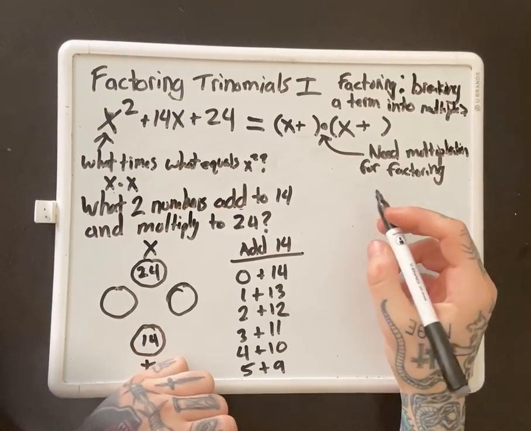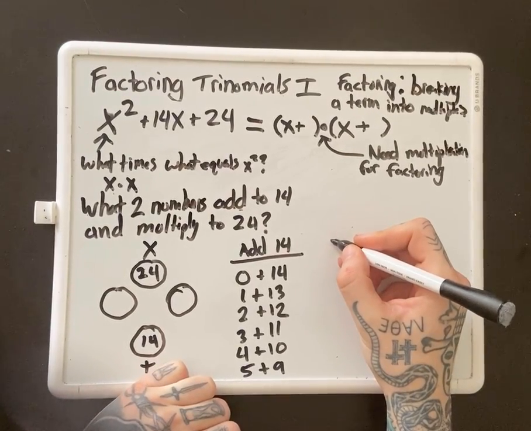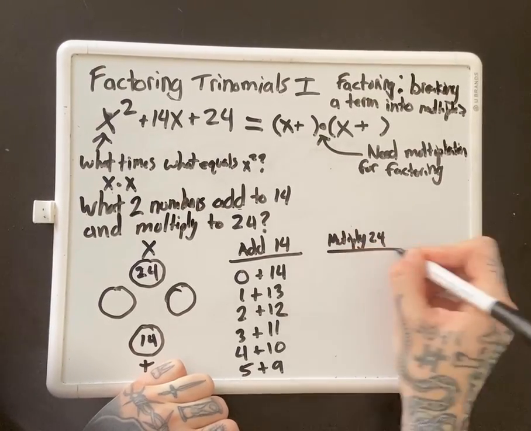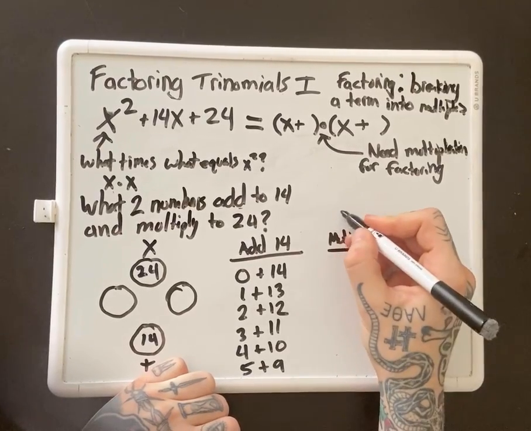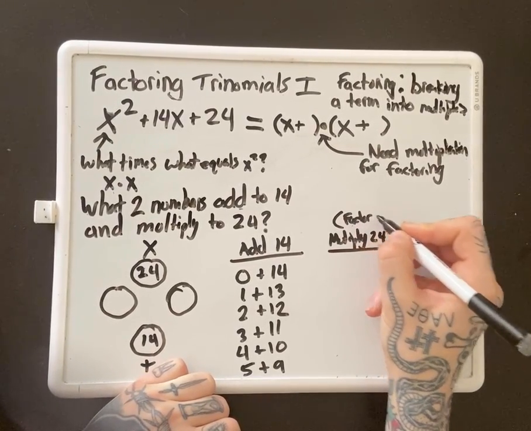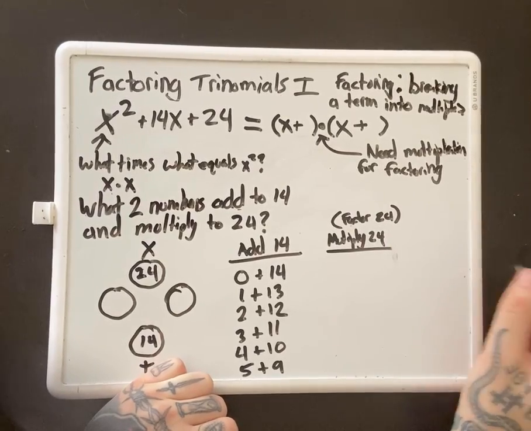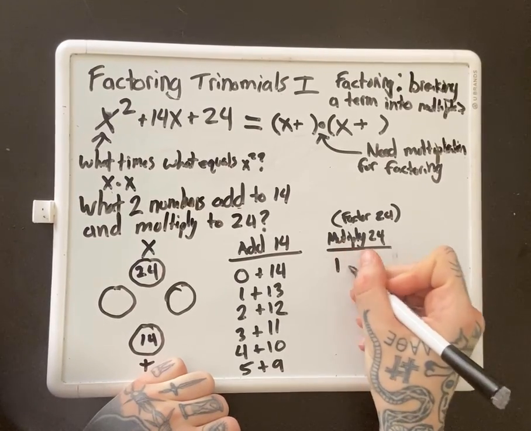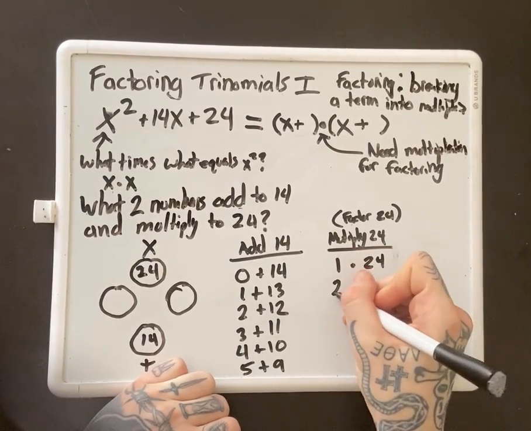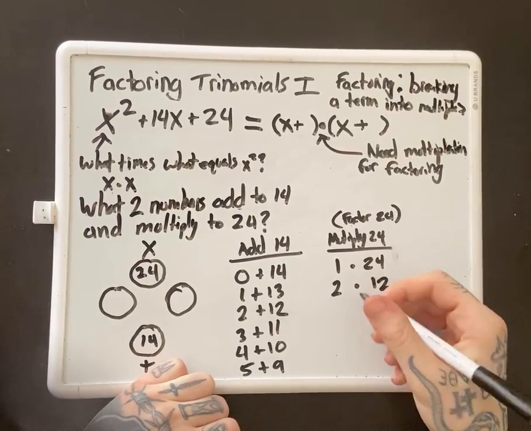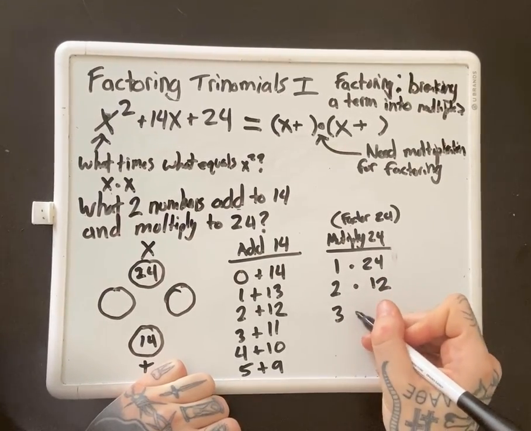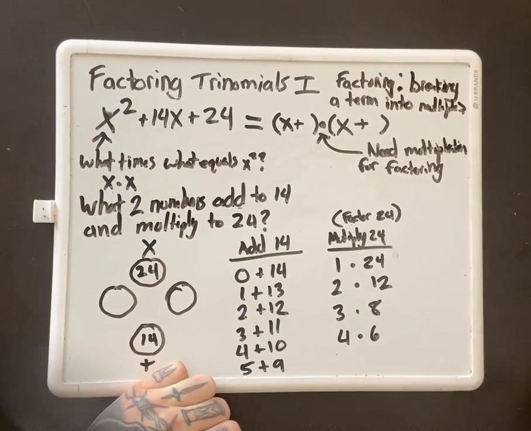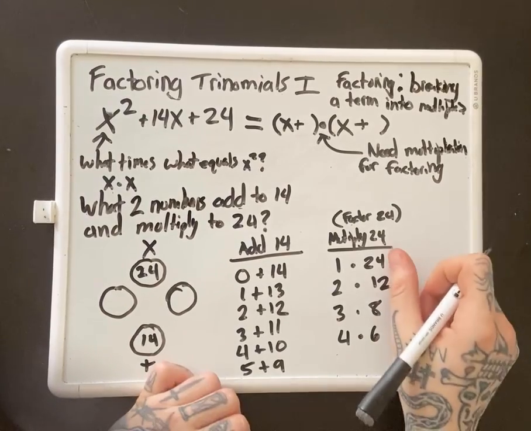So now we're going to do the multiply 24. In other words, factor 24. So what numbers multiply to 24? 1 times 24, 2 times 12, 3 times 8, and 4 times 6. Okay?